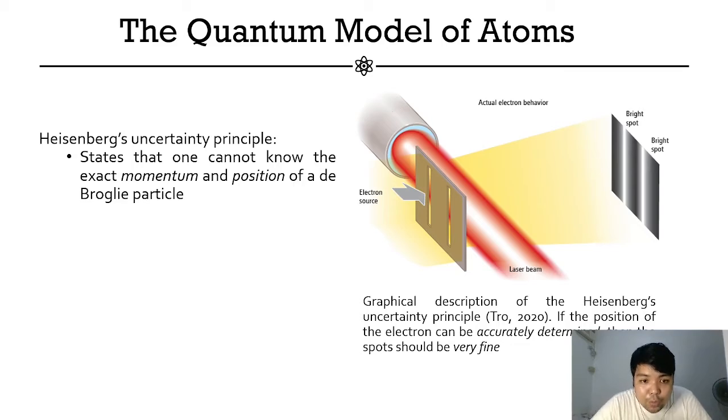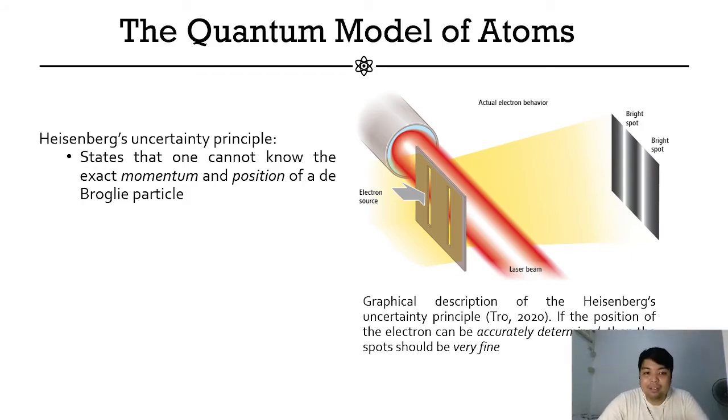Now, we know that it passes through here, but if we actually want to confirm that it passes through here, that bright spot should be very fine and very defined, so it does not fade away to gray and to dark like the one we see in the picture, but rather it should be just one bright spot that does not fade outward.